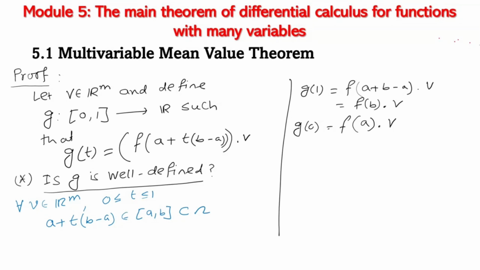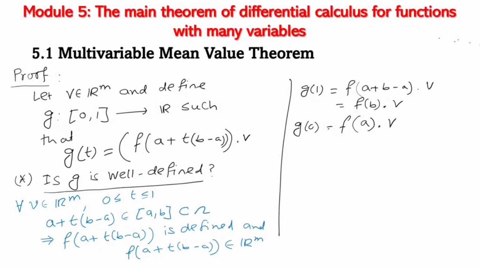Since it belongs to the closed interval and our given function is defined on Ω, therefore f(A + t(B − A)) is defined, and it belongs to R^m because f maps from Ω to R^m.